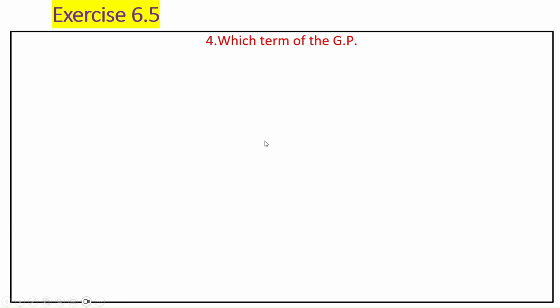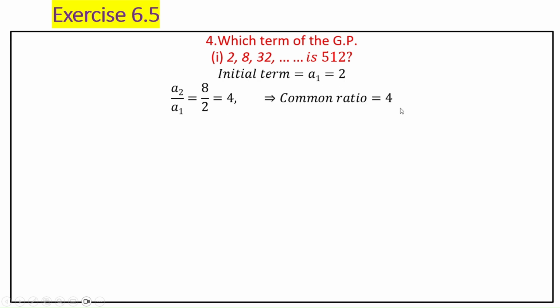Which term of the GP 2, 8, 32 is 512? Basically, an is given as 512, and you need to find n. So a1 equal to 2 and the common ratio r equal to 4.